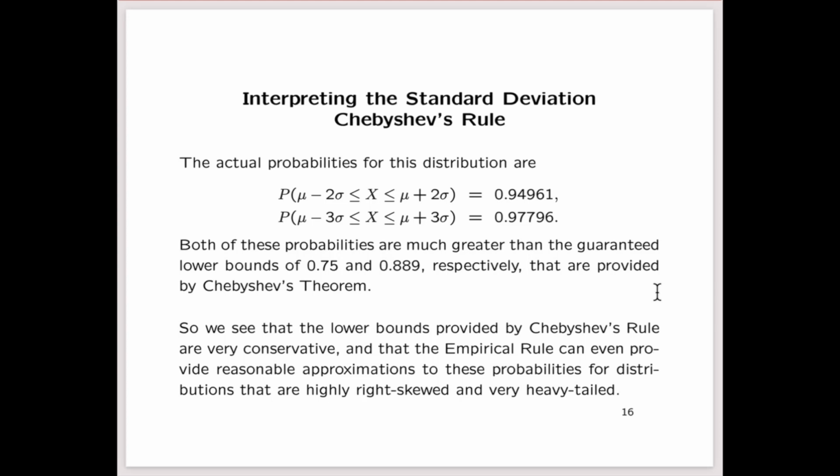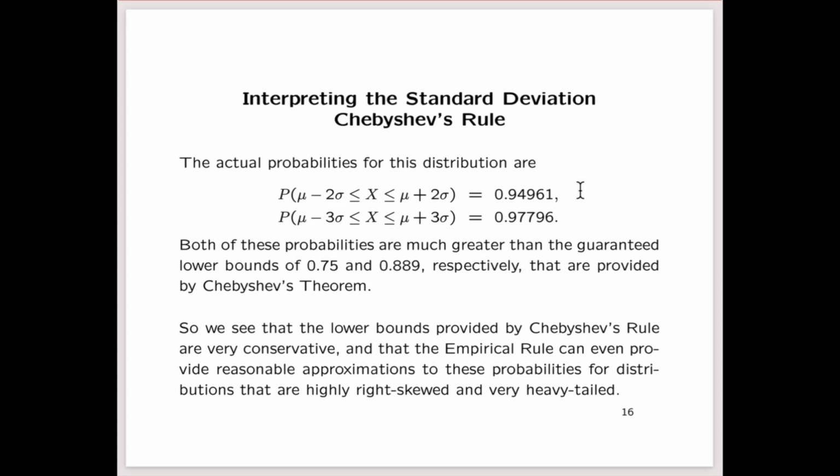So we see that the lower bounds that are guaranteed by Chebyshev's rule are very conservative, and also that the empirical rule can even provide reasonable approximations to these probabilities for distributions that are highly right-skewed and very heavy-tailed, because remember what the empirical rule said.